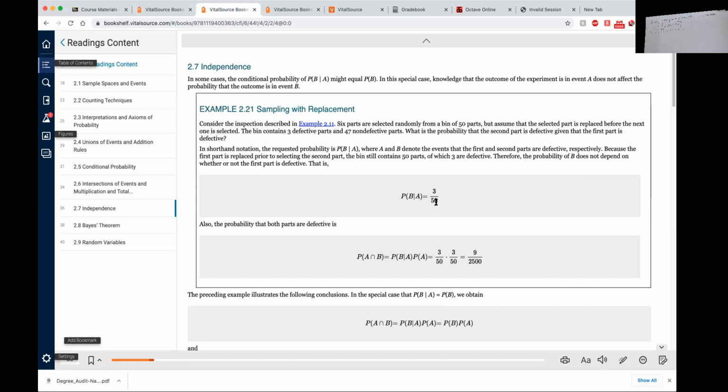Now, the probability that both parts are defective is P of A intersection B, which is P of B given A times P of A, right?